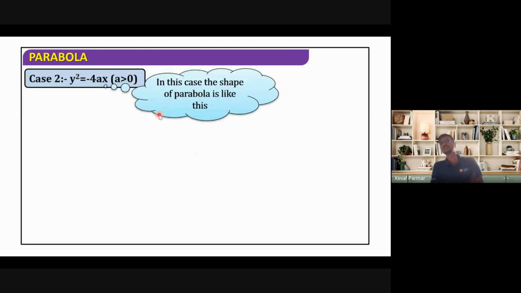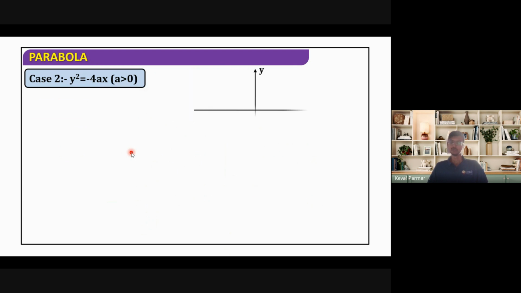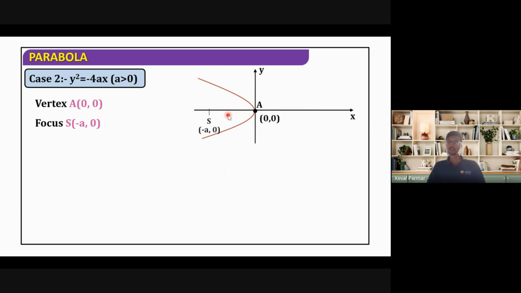So this is case 2. Here it is minus 4ax. Now, minus 4ax means the shape will be an inverted C like this. This is a perfect shape which is symmetric about the x-axis. Now everything will get converted. The vertex will be the same, the focus will be here, and the directrix will be here.